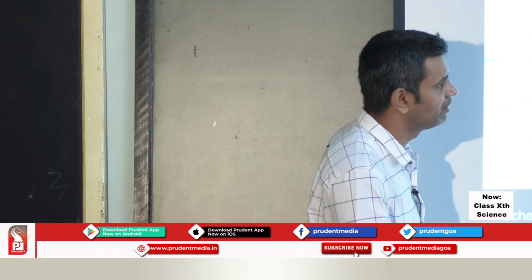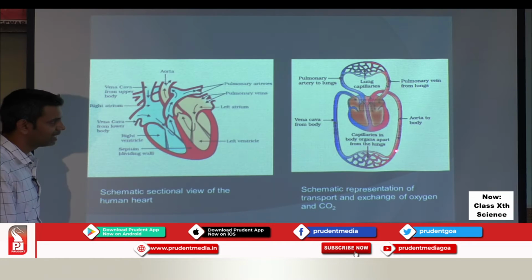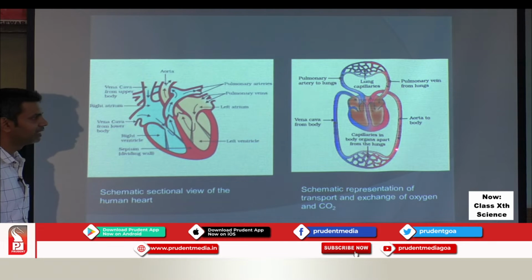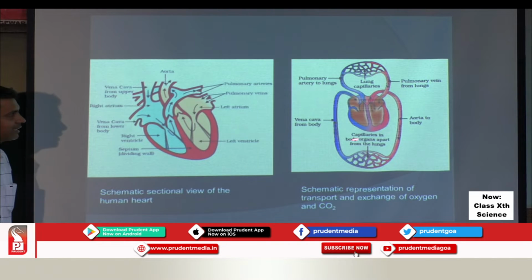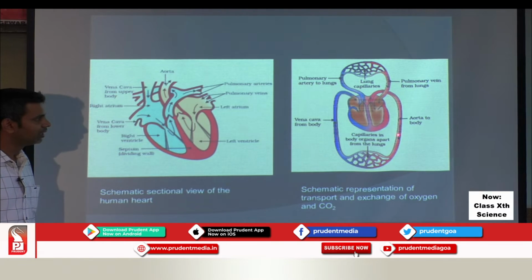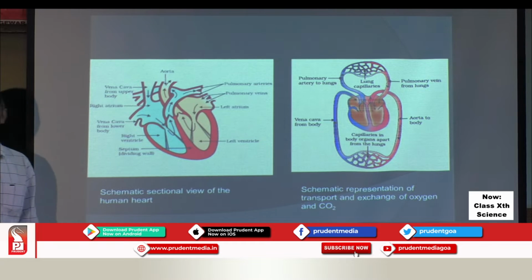When these arteries try to reach near the cells, at that time they become smaller, and the smallest blood vessels, as I said earlier, are called capillaries. The capillaries are one cell thick.